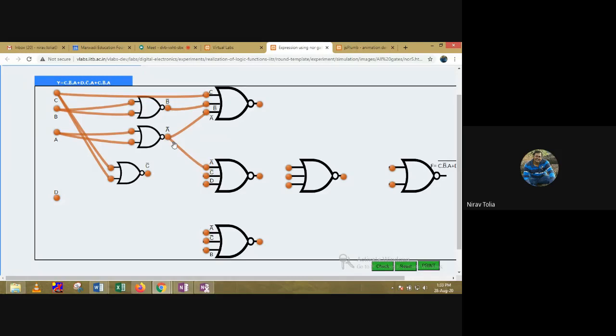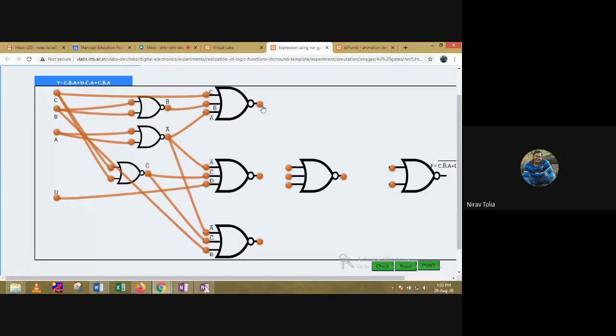Again in downward I also required A bar, so I am connecting A bar here. Then here I required C bar, so I am connecting C bar here. Then I require D, so I'm connecting D here. If downward A bar is already connected, I require C bar here, so I'm connecting C bar with C bar. Then I require B, so I have to take B from here.